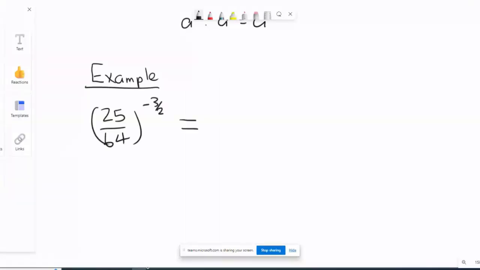So it's 25 divided by 64 to the exponent minus 1,5. People, you know that minus 3 over 2 is 1,5, right? People, you know that this is minus 1,5. You agree, no? Minus 3 over 2, right?